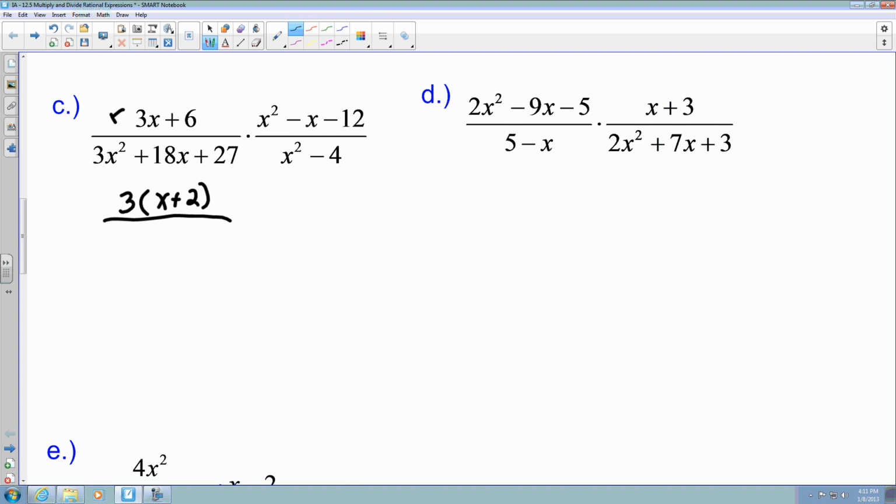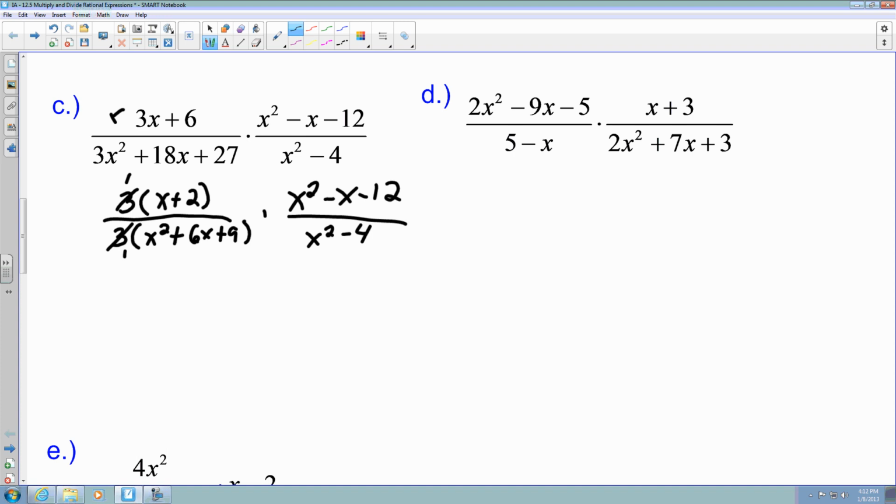So I'm going to take 3 divided by x squared plus 6x plus 9. And I have a 3 in my numerator and a 3 in my denominator, which means I can cancel both of those to make 1. And here's x squared minus x minus 12 over x squared minus 4.